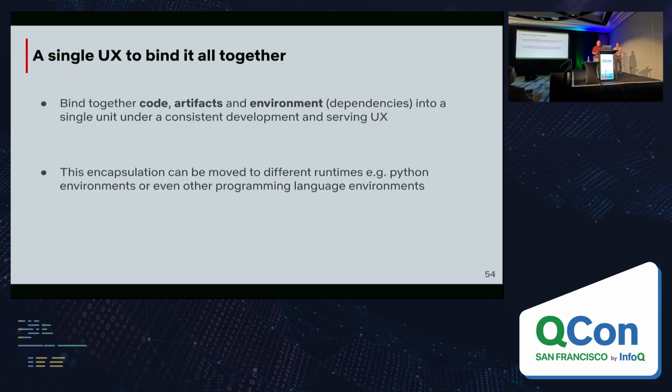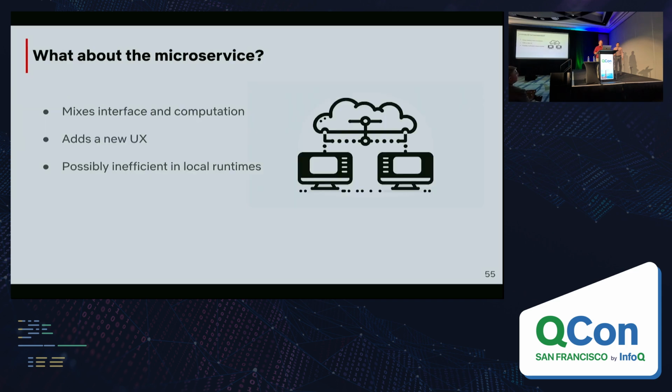Well, the idea here is to make it as simple as possible. We just want the user to express one UX that binds the code, the artifacts, and the environment together and builds a single encapsulation that can be used elsewhere. But you might be wondering, wait, I thought microservices were for this. We just talked about those in Metaflow hosting. The problem with a microservice is it actually adds a new UX, right?